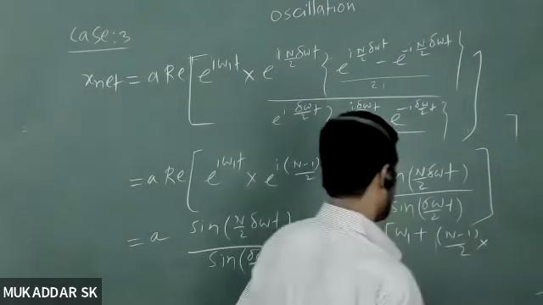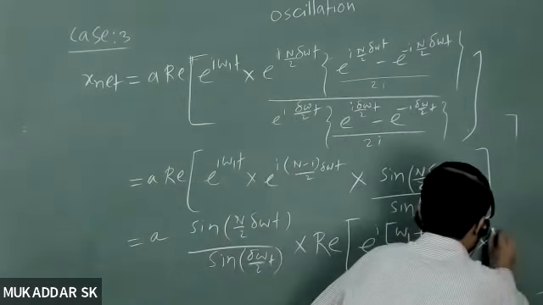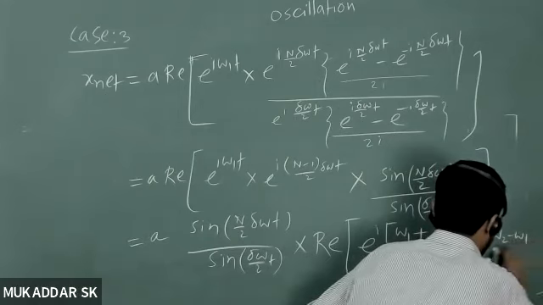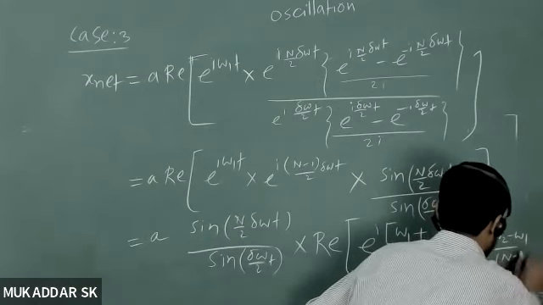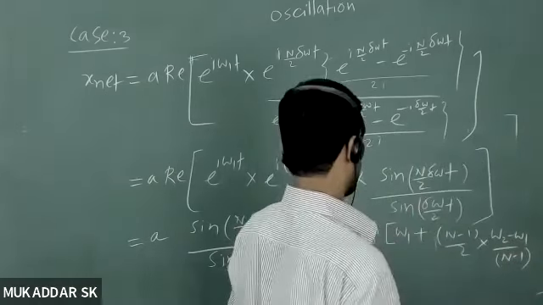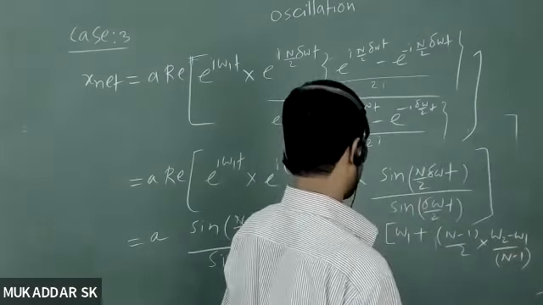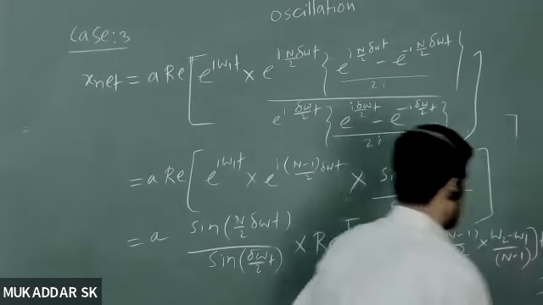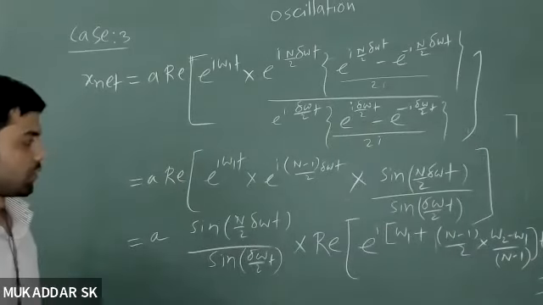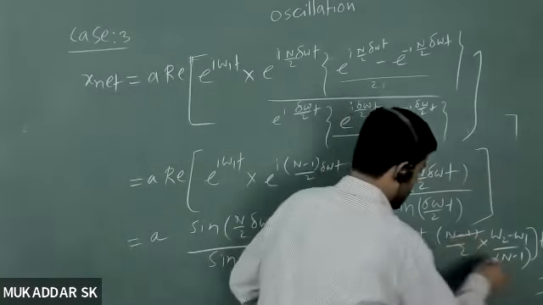Now what was your delta omega? Omega 2 minus omega 1 divided by n minus 1. This was your delta omega. I have substituted that value, and you have finally t and the bracket complete. So this n minus 1 will be cancelled.